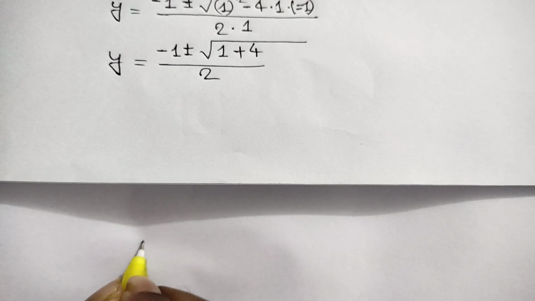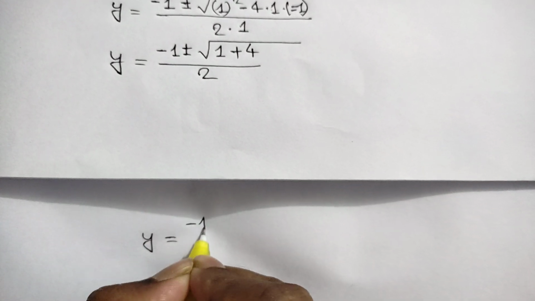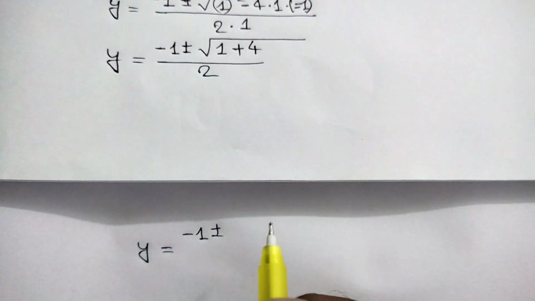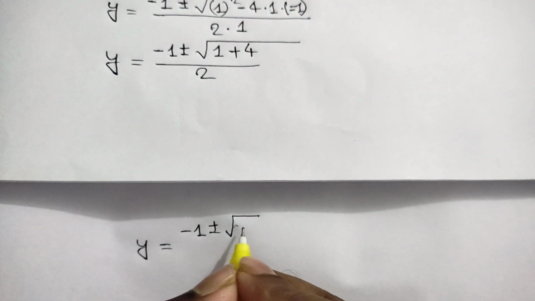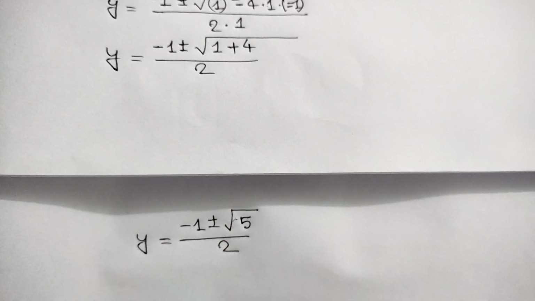Or y is equal to negative 1 plus minus square root of 4 plus 1, which is 5, over 2.